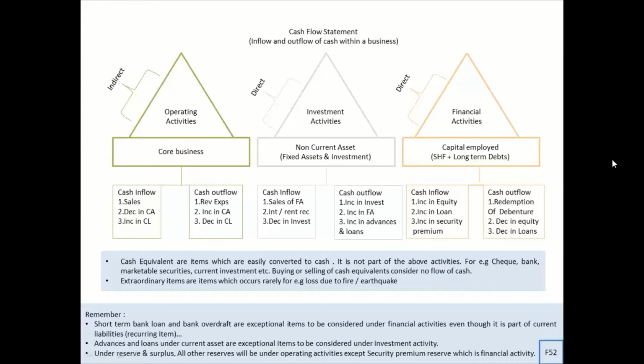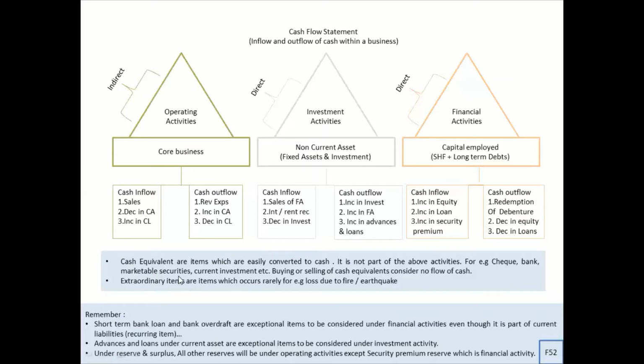Now, apart from these three, there are some items which are not considered part of these activities, and that are called cash equivalent. Cash equivalents are the items which can be easily converted to cash, and you have some examples: cheque, bank, marketable securities, current investment. Marketable securities, they will not ask you as such, but let me give you some general knowledge.